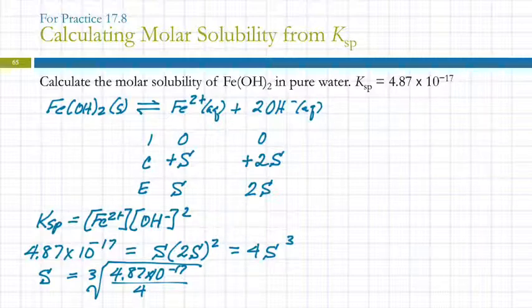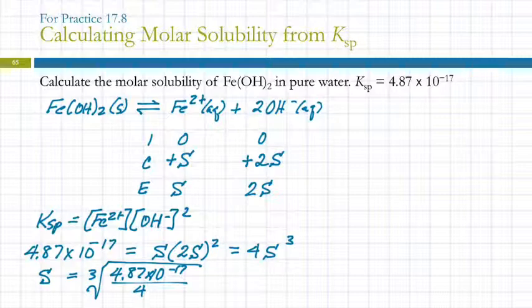I'll tell you, on the TI-36X Pro, you're going to press the 3 because you want the cube root button. Then you're going to press second, and it's just above the square root. It looks like a square with a little box. The 3 is what goes in the box.